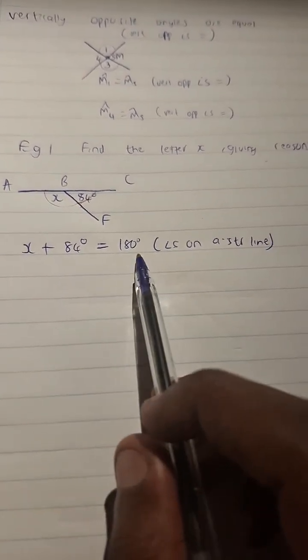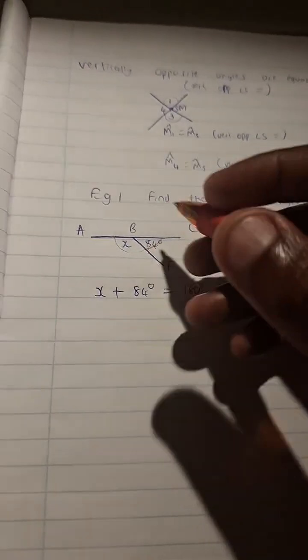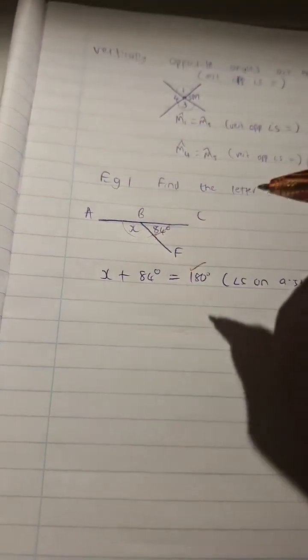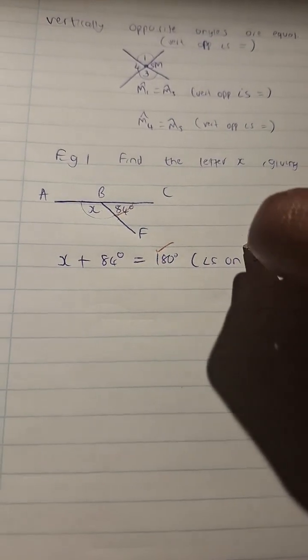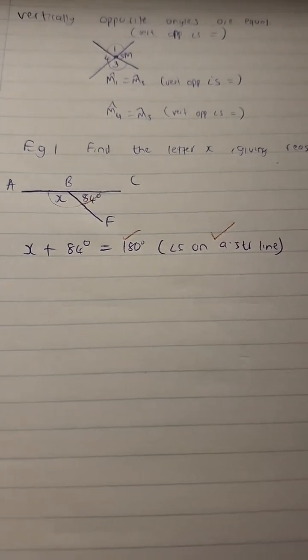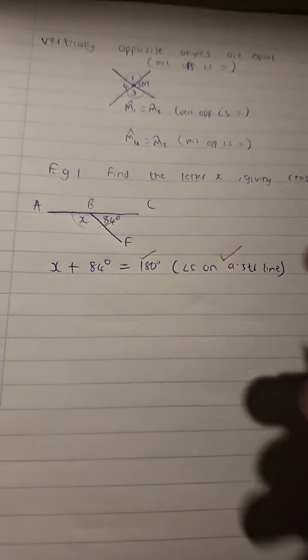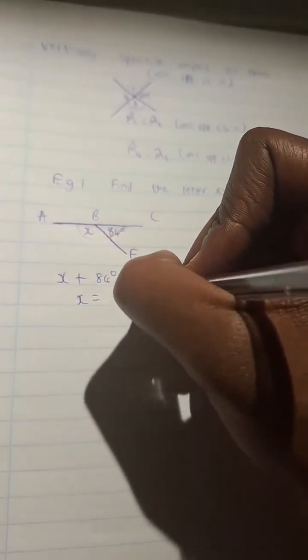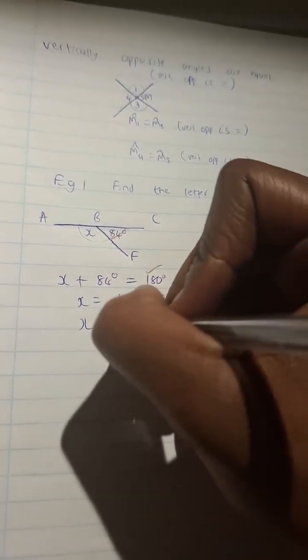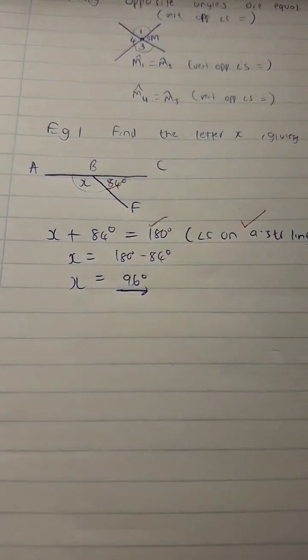So X plus 84 degrees is equal to 180 degrees. So that's the statement, and then the reason that we need to have. Now we can solve for X. X is equal to 180 degrees minus 84 degrees, which is equal to 96.